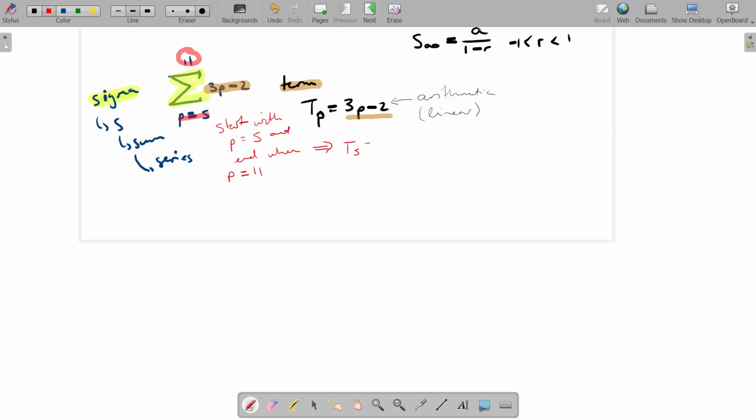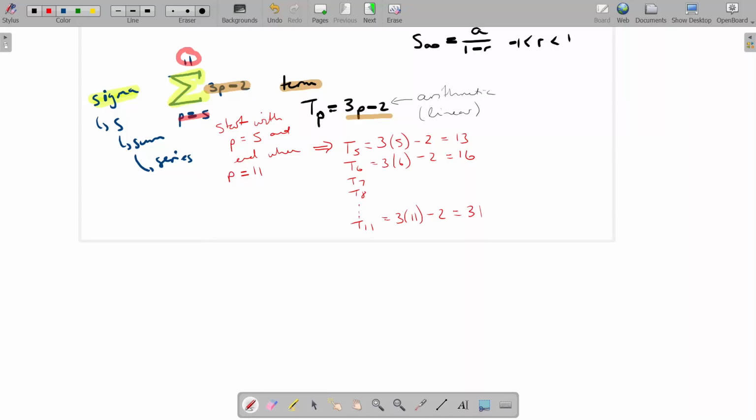Therefore, what we are being asked to do is, if p equals 5, T of 5 would equal 3 times 5 minus 2, which gives us 13. T of 6 would equal 3 times 6 minus 2, which equals 16, etc. T7, T8, until we get down to T11, 3 times 11 minus 2, which is 31.